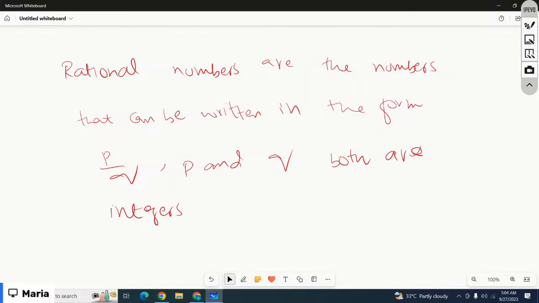Okay, so some of the examples of the rational numbers are 5 over 6 is a rational number, and 8 over 9 is a rational number.